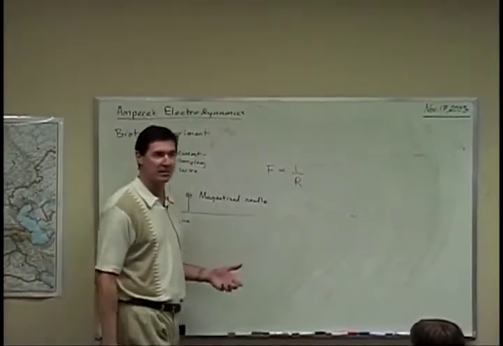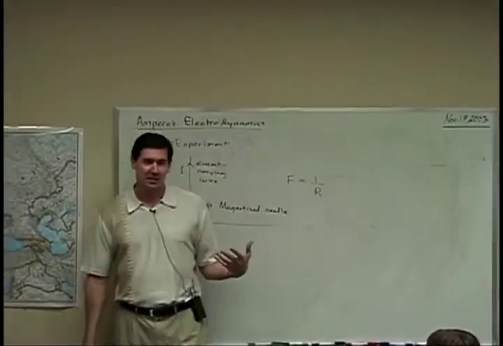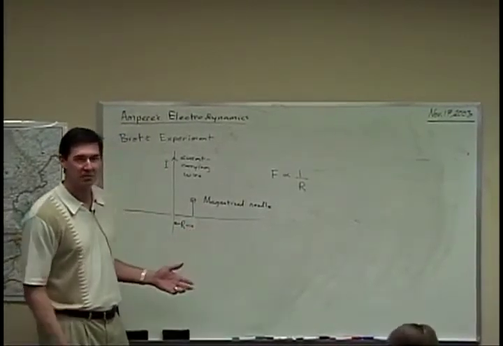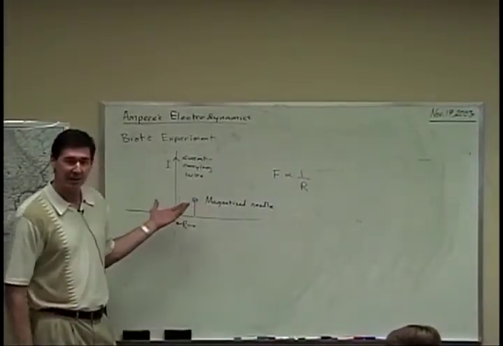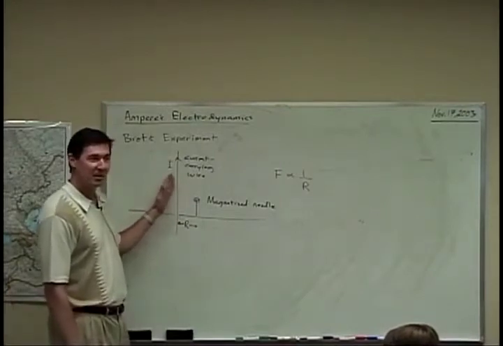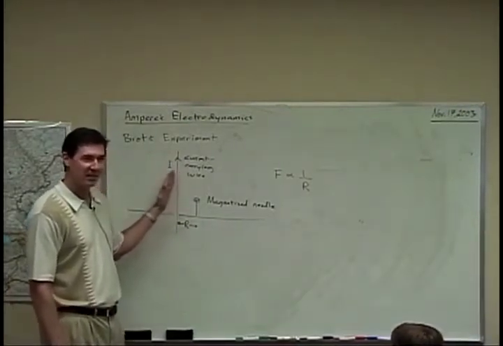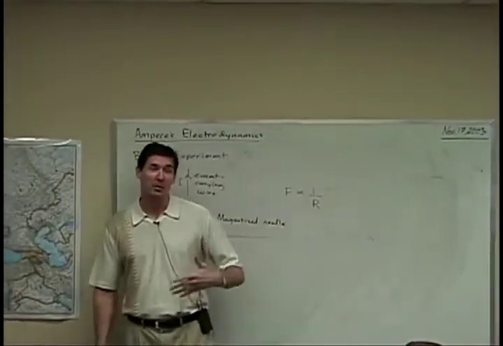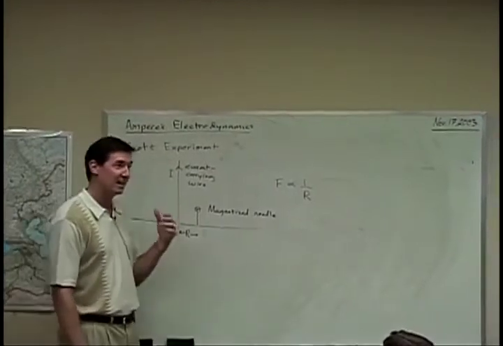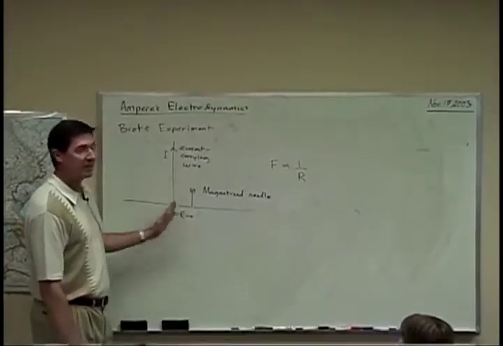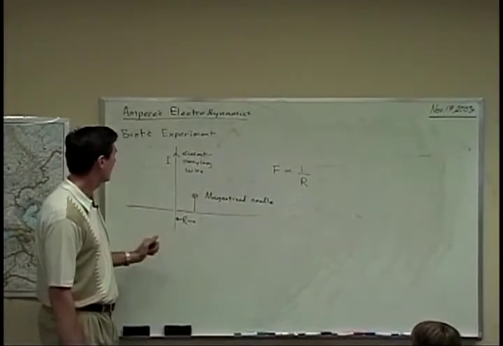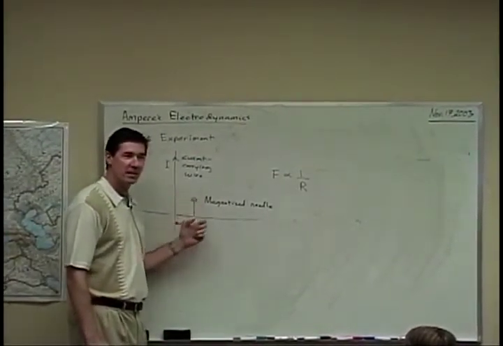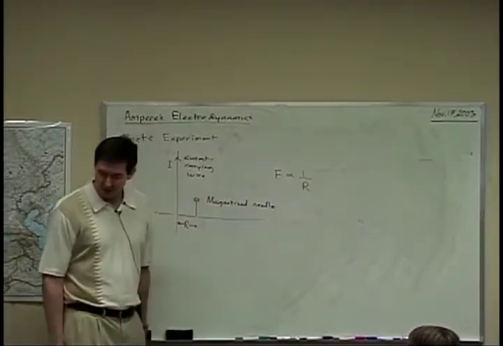If one zinc silver battery produces a certain amount of current, then two ought to produce twice as much. They didn't have a way to actually measure current at this stage, but it was easy for them to know they had doubled it or tripled it just by doubling or tripling the battery. So they could vary the current and see exactly how that affected the speed of the swing of this needle.